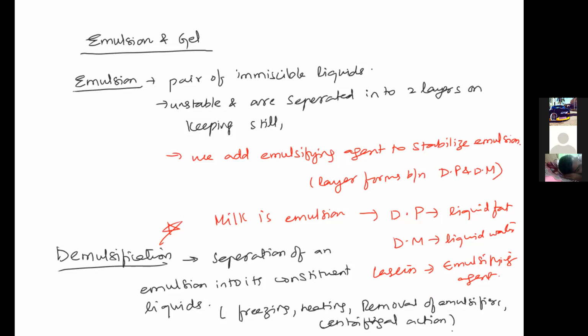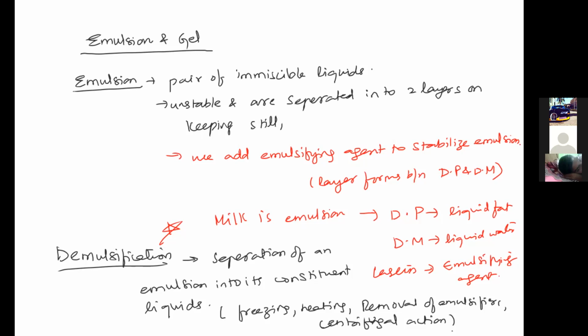Depending on the nature of the dispersed phase and dispersion medium, we can have two types of emulsions. One is oil in water emulsion. Two is water in oil emulsion. We can also convert an oil in water emulsion into water in oil. This is called inversion of the phase.